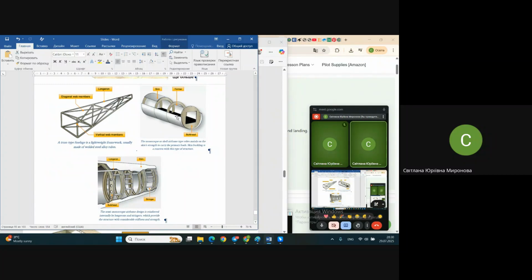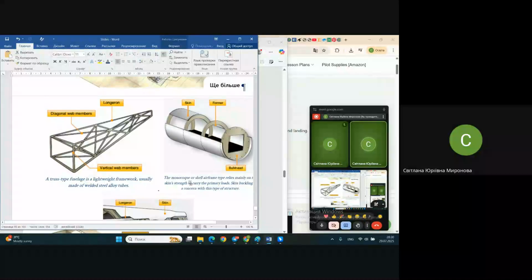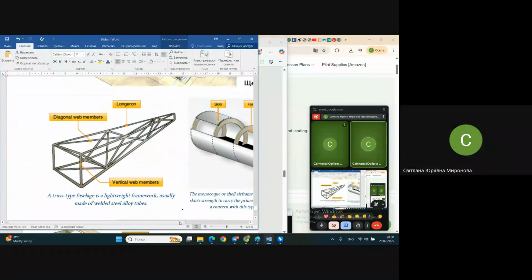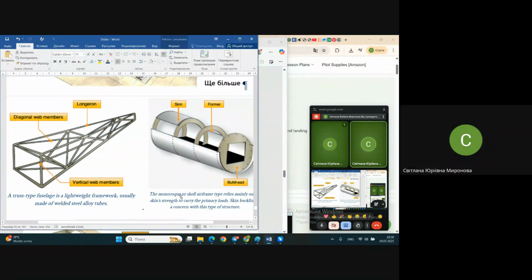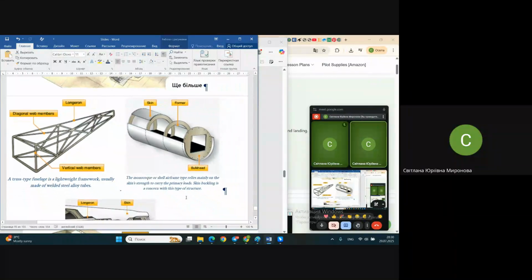Monocoque, like the whole egg, if we translate this weird word from French. Take a look how it's written. And this shell-like structure, in this picture it's even shown more reinforced than in real.